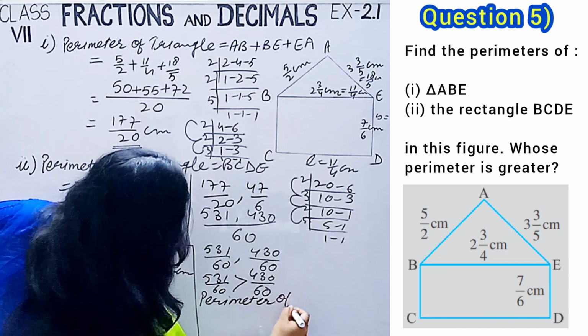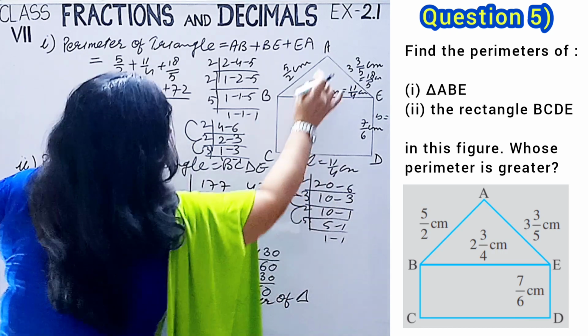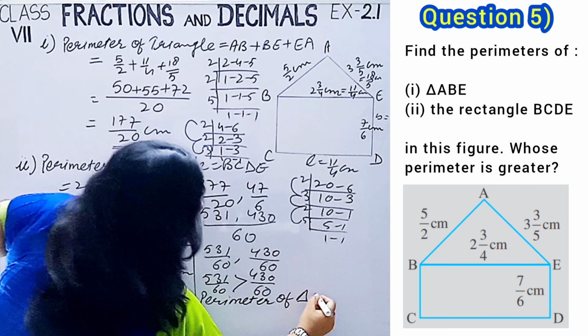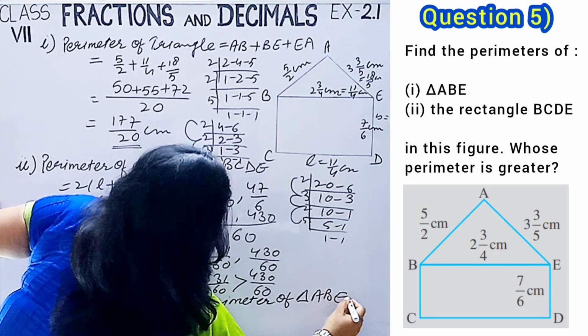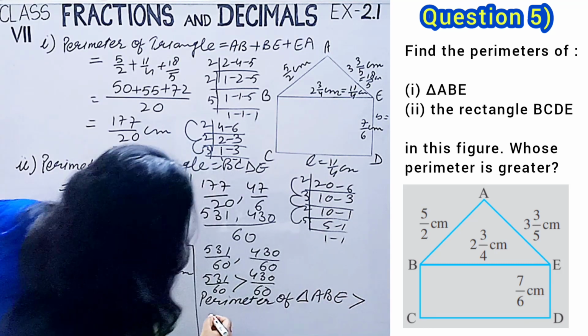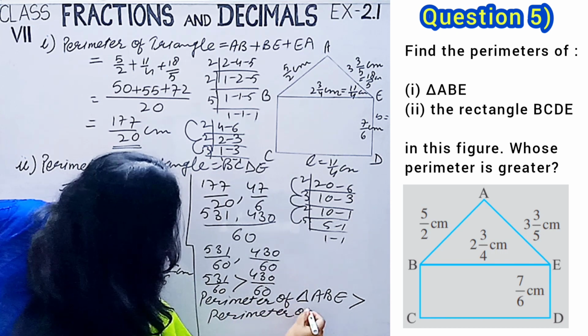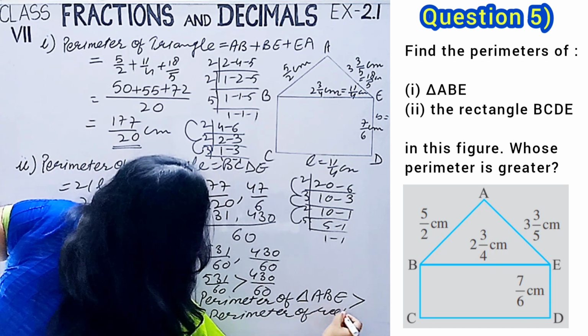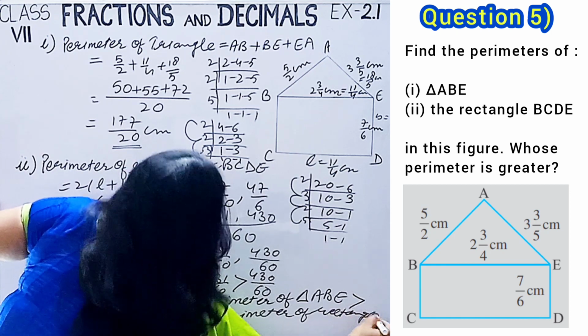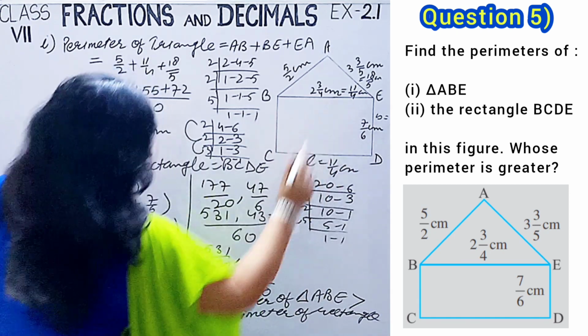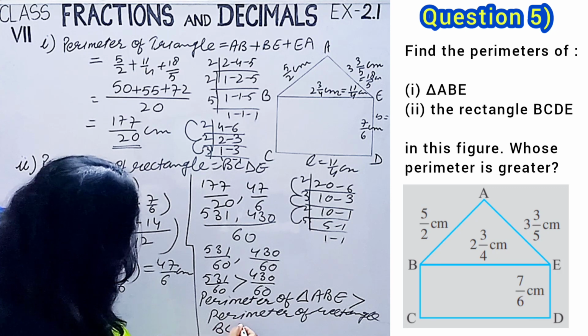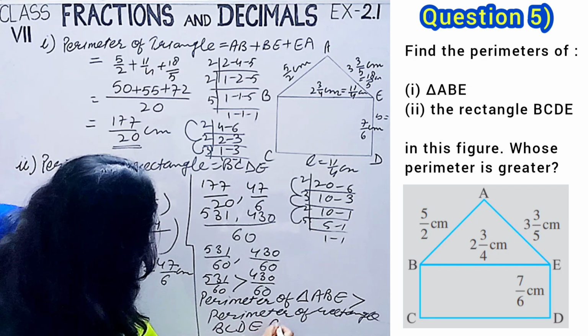Perimeter of triangle ABE is greater than perimeter of rectangle. What is the name? BCDE. Answer.